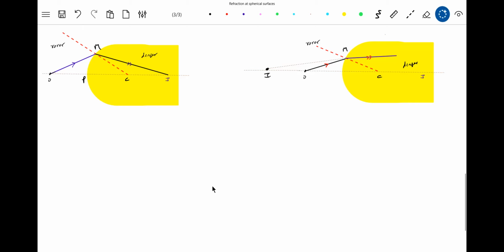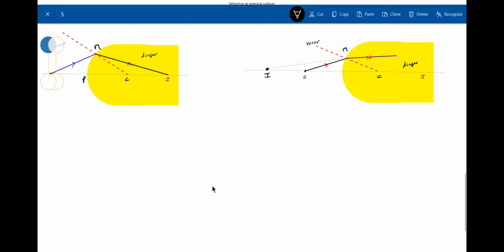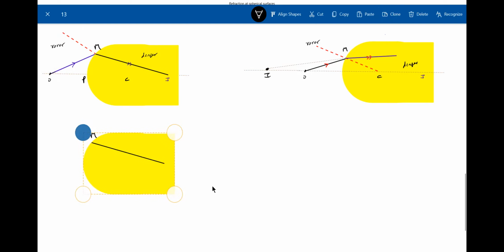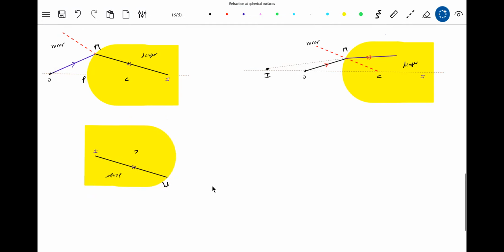Now we will have a situation where, let me select this part. Now I'll keep the object in the denser medium. Let this be the object, and this is the radius of curvature.